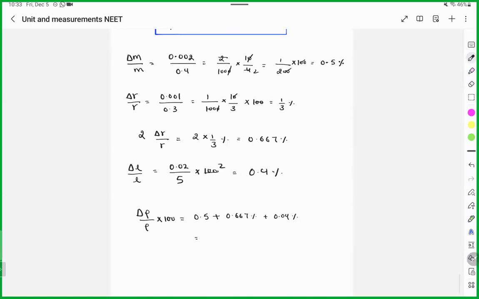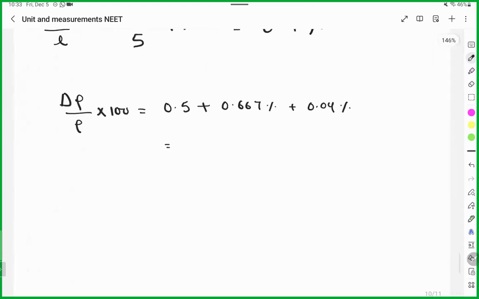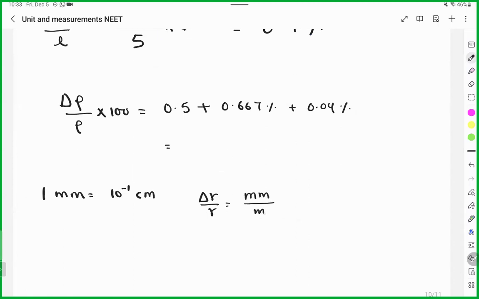Why? Imagine we are thinking we have to convert millimeter into centimeter, but we actually have delta R by R. Delta R is in millimeter, R is in millimeter, both cancel out each other. So the ratio does not have any unit.